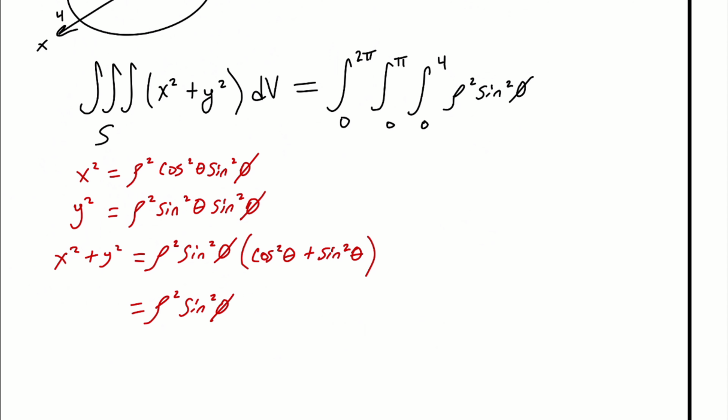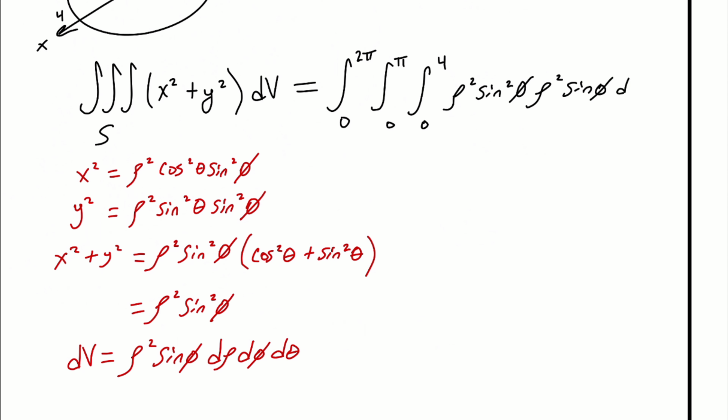And now we also need to know what dV is. Well, remember that dV is rho squared sine phi d rho d phi d theta. So we have another rho squared and another sine of phi, d rho d phi d theta.